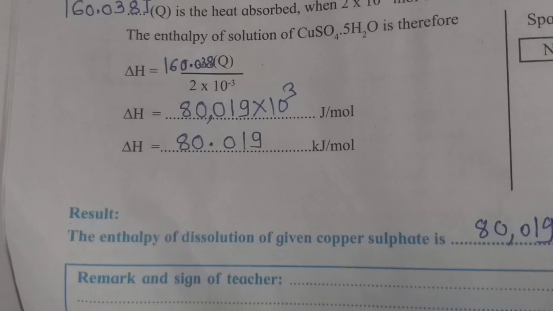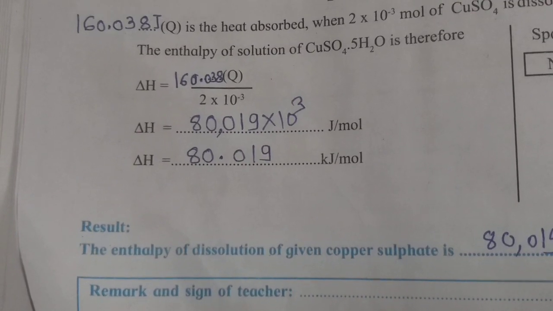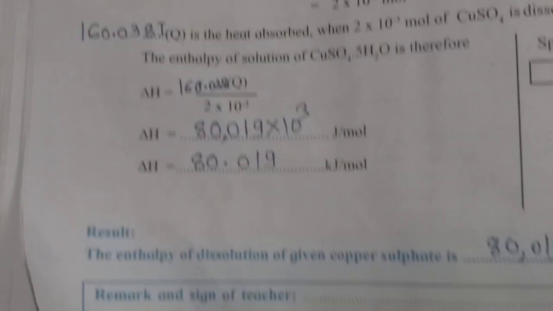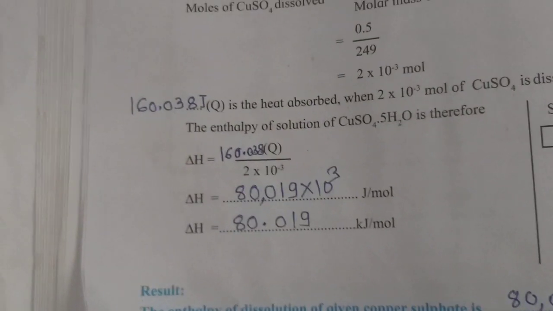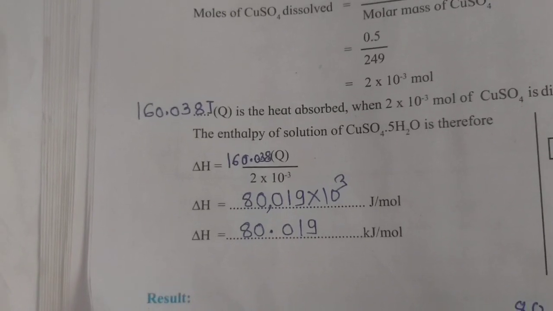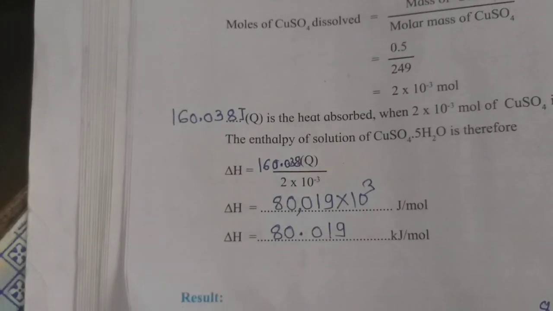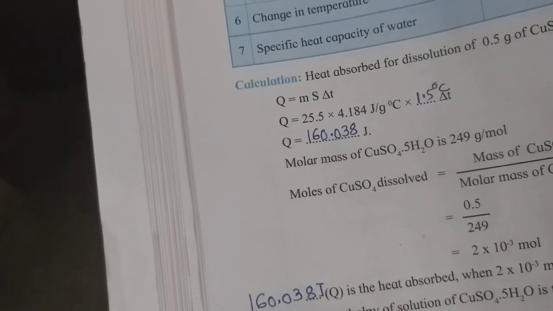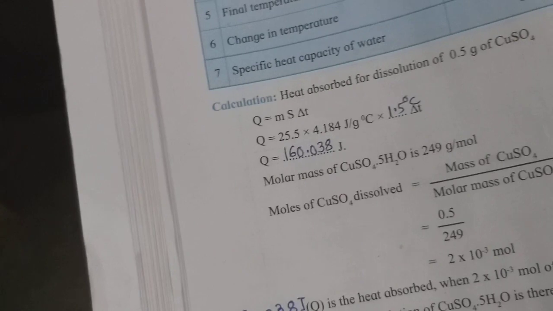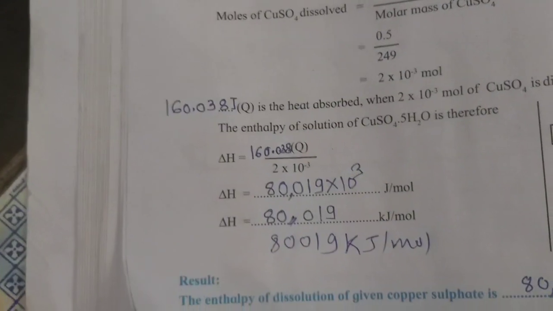If you divide by 1000, then the heat is 80.019, because we divide by 1000, that is 10 raised to 3, and the 1000 gets cancelled, and the heat will be 80.019 kilojoule per mole.